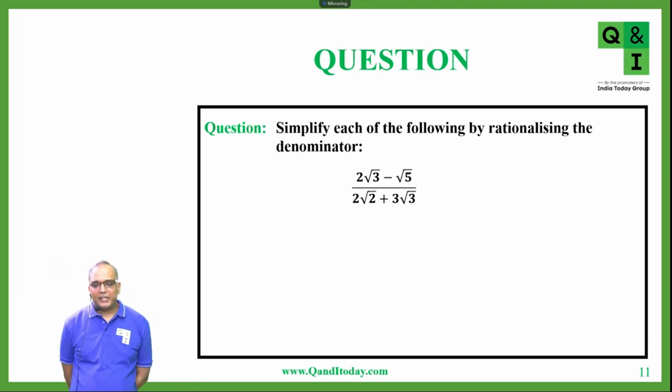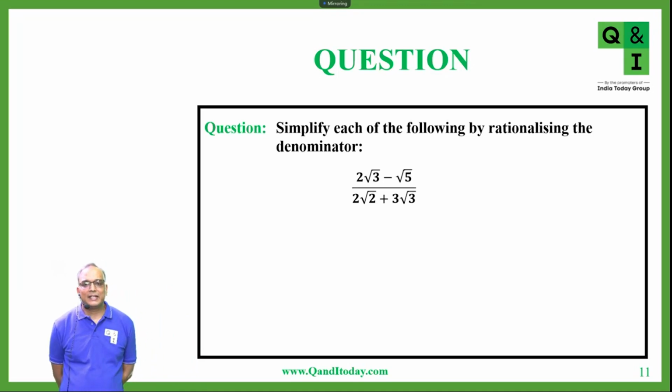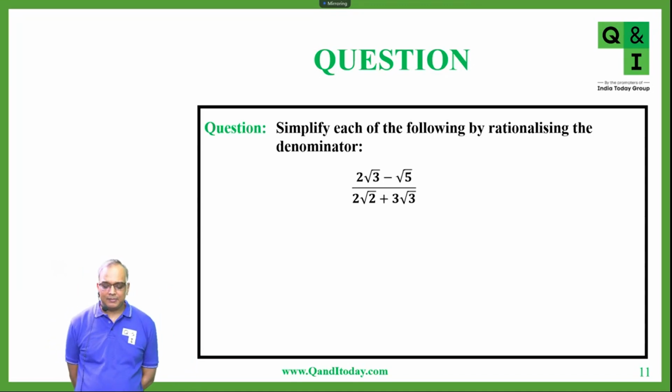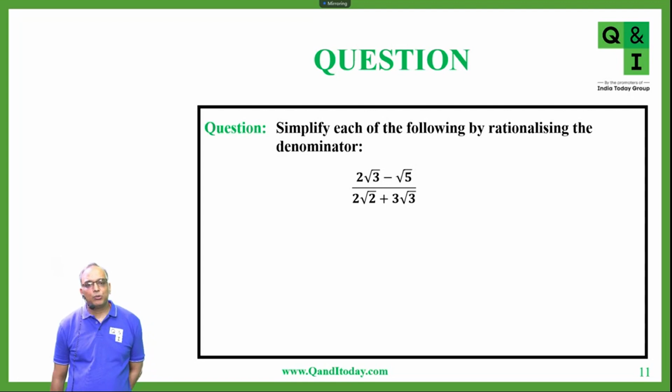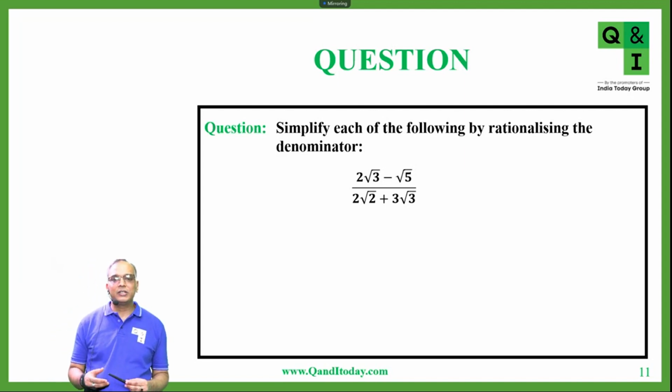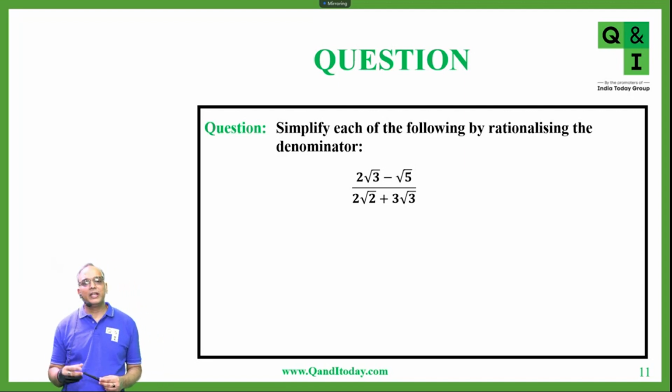So the denominator here is 2 root 2 plus 3 root 3, which is an irrational number. So that's why we multiply both numerator and denominator by the conjugate of the denominator. So the conjugate of the denominator is 2 root 2 minus 3 root 3. So we multiply both numerator and denominator by 2 root 2 minus 3 root 3.